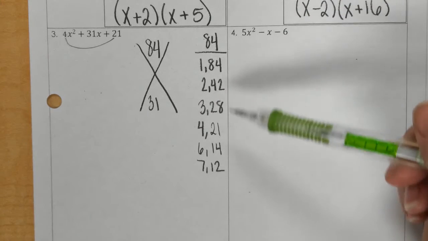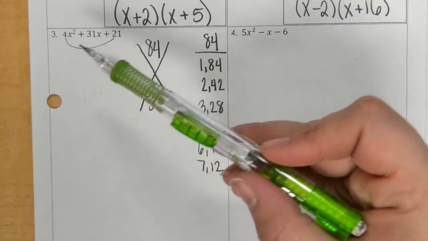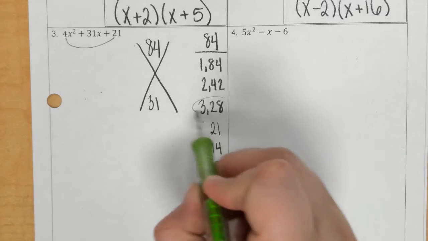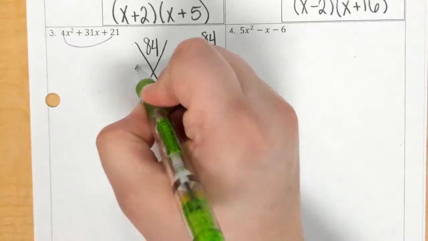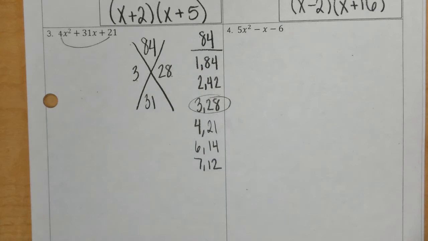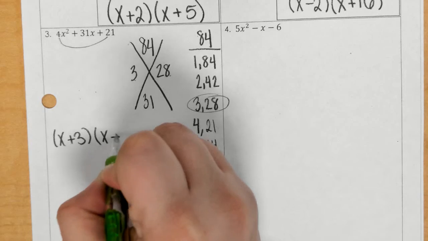So which one of these factors could add or subtract, looks like add, everything here is plus, to be 31? We got this one here, 28 and 3. So 28 plus 3 is 31. So I would write x plus 3, x plus 28.